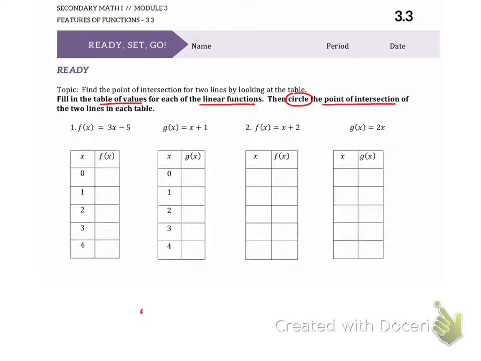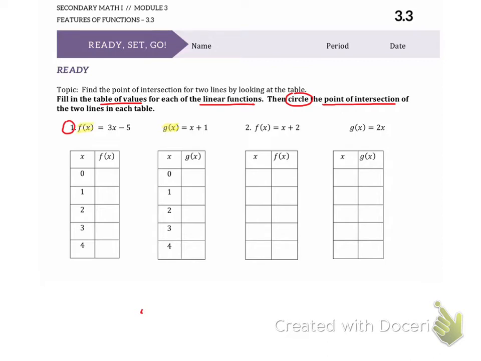So let's start with the very first problem. We have been given two functions here, f of x and g of x. We have to create the table first, and they have given us 0, 1, 2, 3, 4 as x values in both tables. So what are we going to do? We are going to evaluate the function for these values.